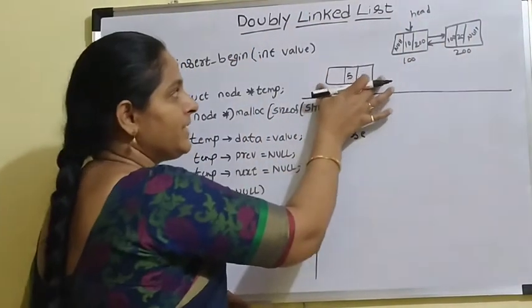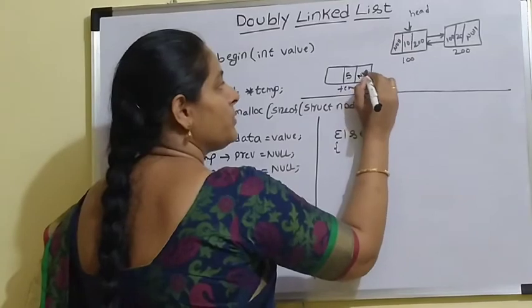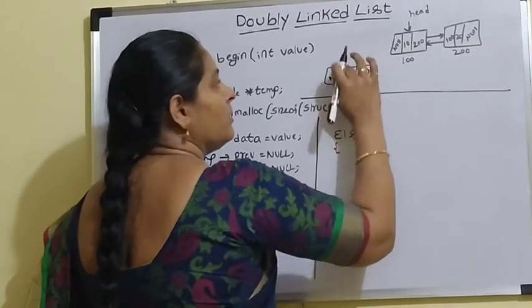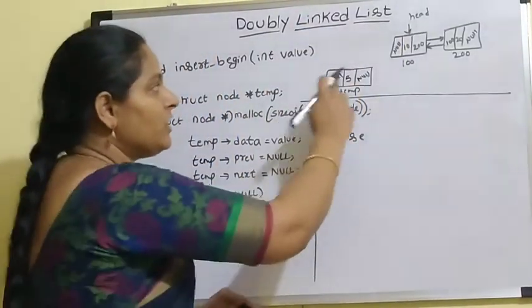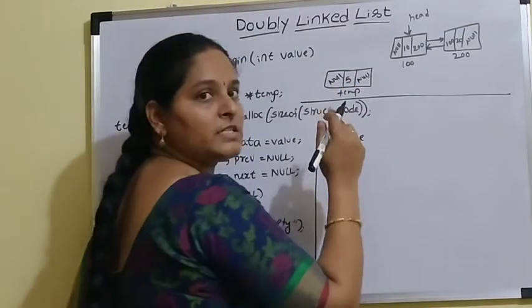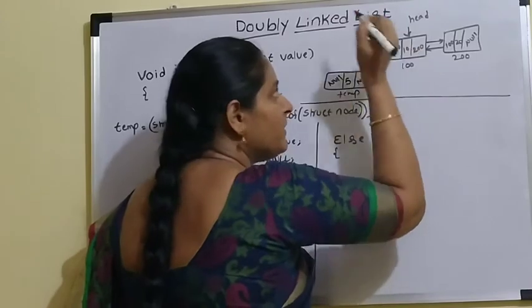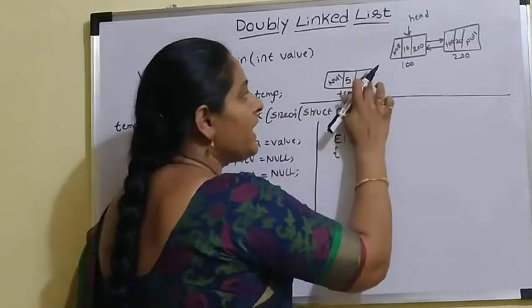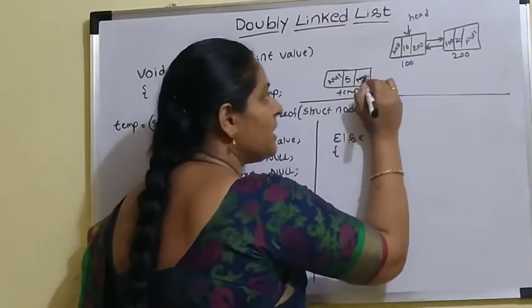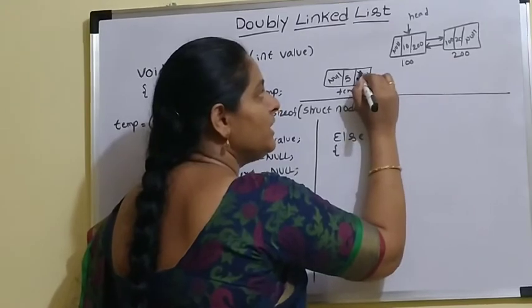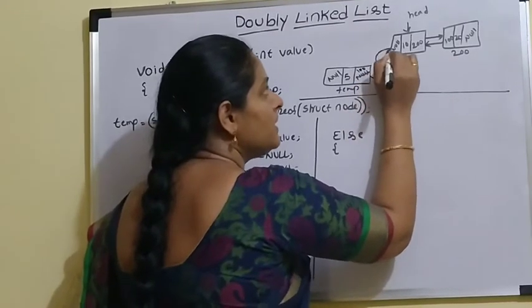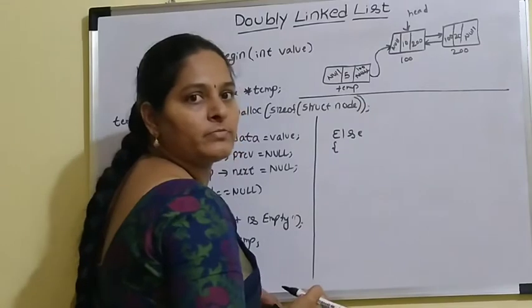Now I want to insert my temp node at the beginning of the list. So if you want to insert this node at the beginning of the list, what we need to do? We need to connect this temp to the first node. That means in temp's next part, we should replace this null value with 100. So this link we need to establish.